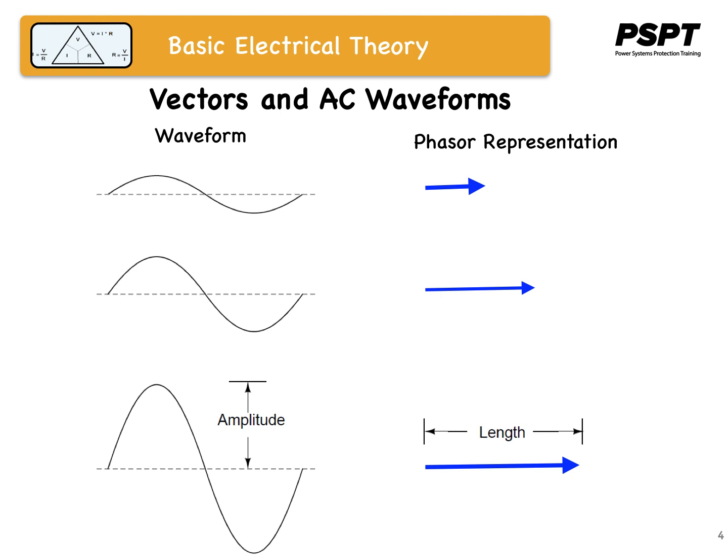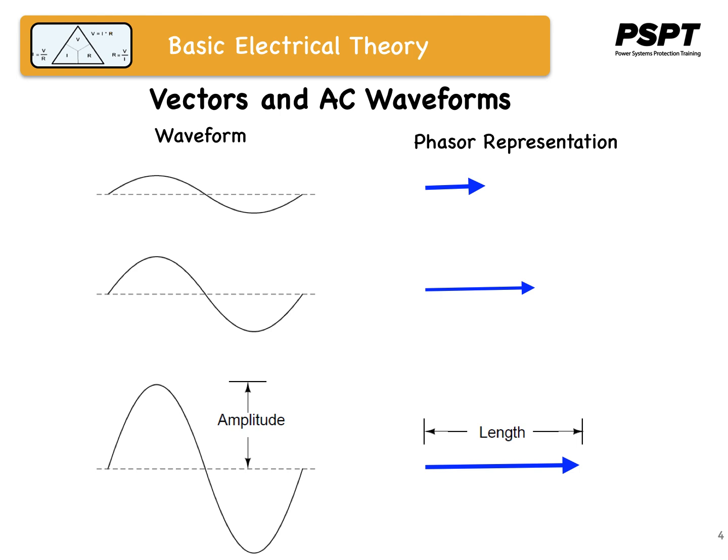How exactly can we represent AC quantities of voltage and current in the form of a vector? We start by letting the length of the vector represent the magnitude or amplitude. That could be RMS value or peak value, as long as we maintain that same dimensional feature as we're doing the analysis.